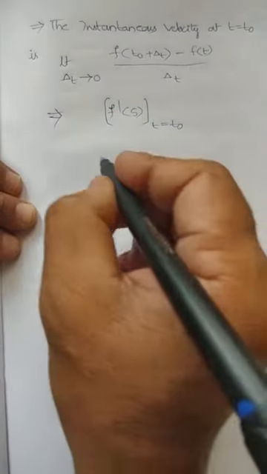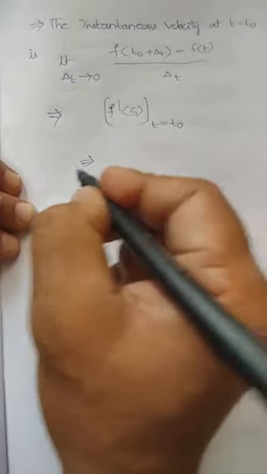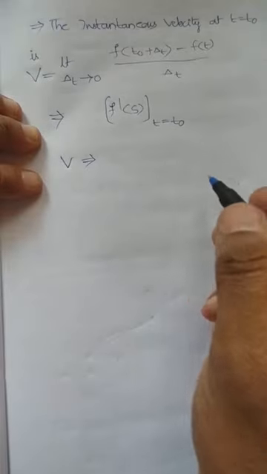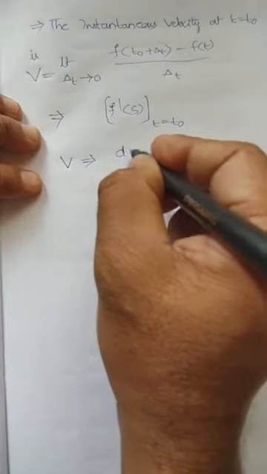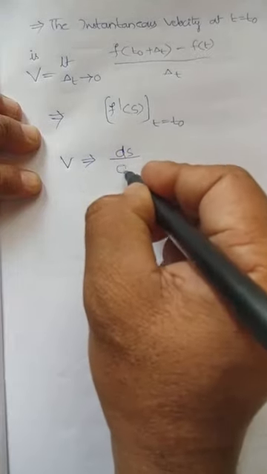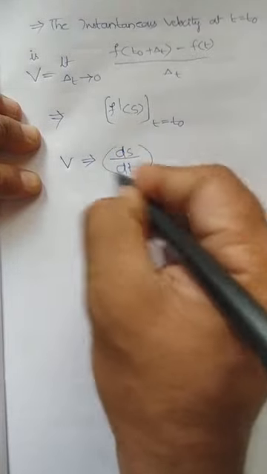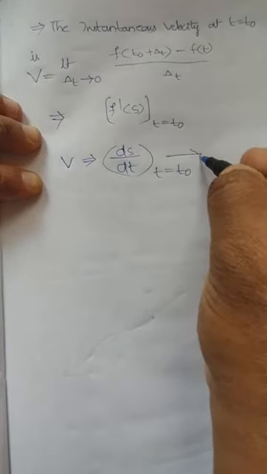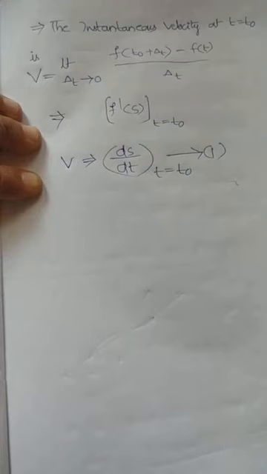It is the velocity we are finding. So v is ds by dt, the derivative of s with respect to t at t equal to t naught. This is equation number 1.